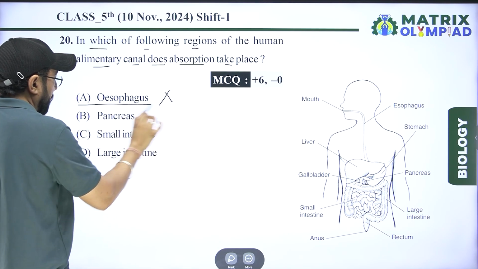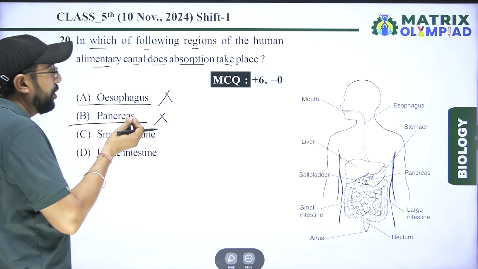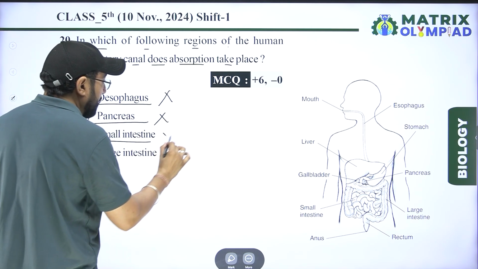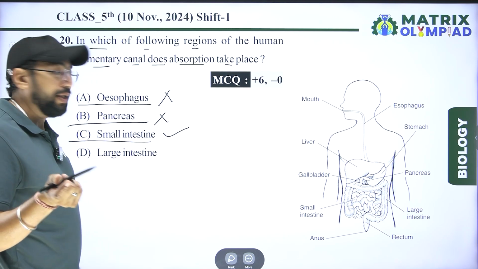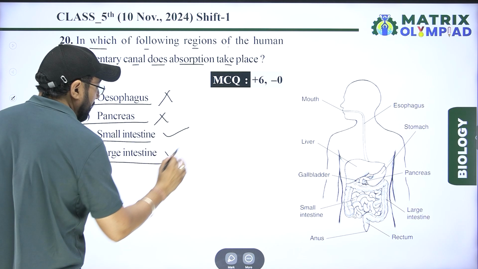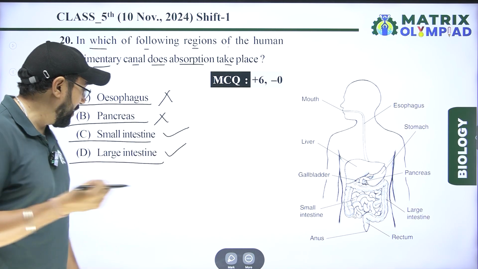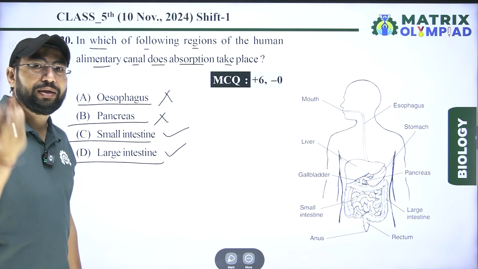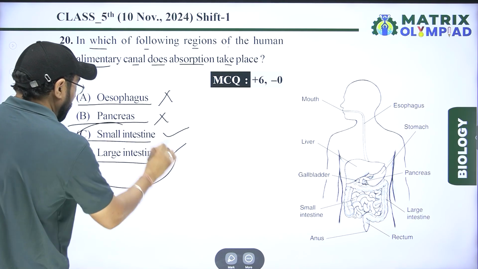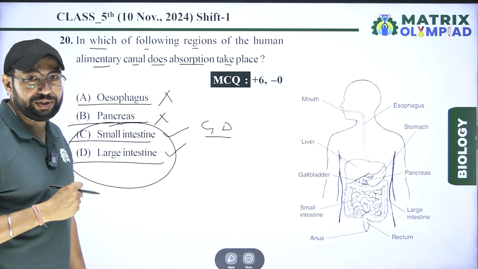Esophagus? No. Pancreas? It is a gland, so absorption does not take place. Next, small intestine. That is right. Complete chemical digestion and then absorption. In the large intestine, a few things are absorbed, like chemical drugs. So our right answer is C and D for this question.